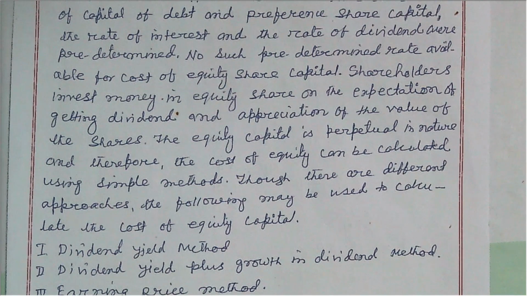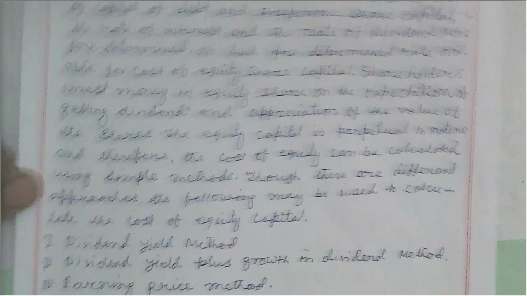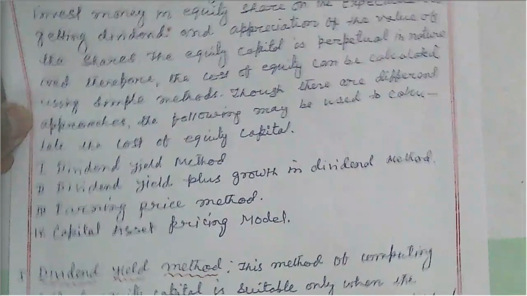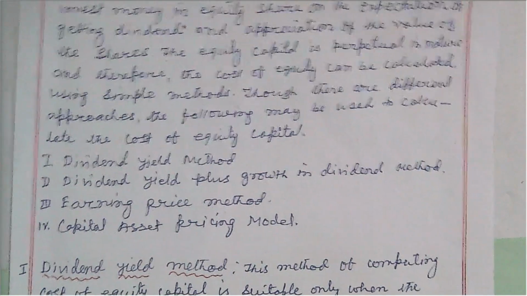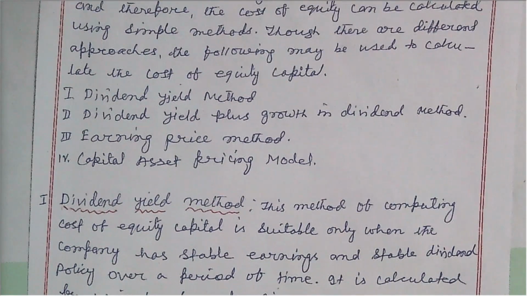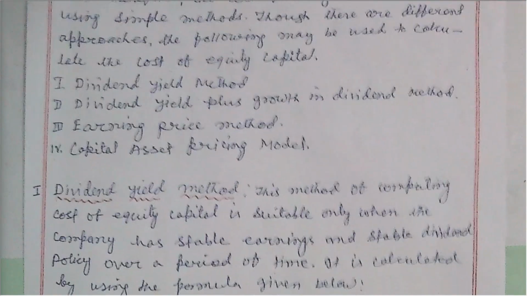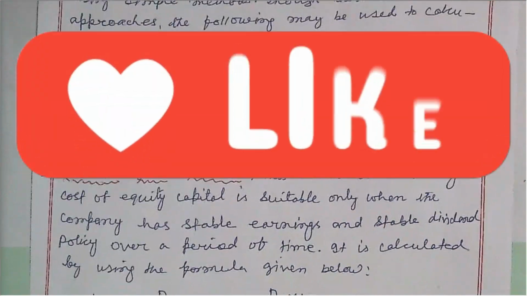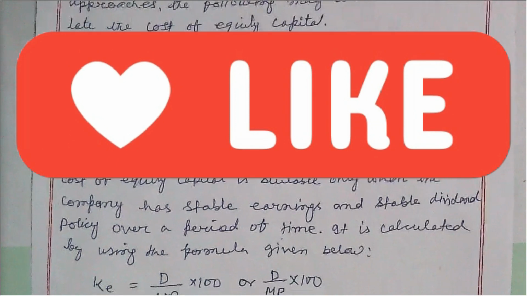Under this method we compute the cost of equity capital assuming that the amount of dividend is constant every year. The company gives a constant amount of dividend to the equity shareholders, or the rate of dividend is constant, calculated on the face value of shares.